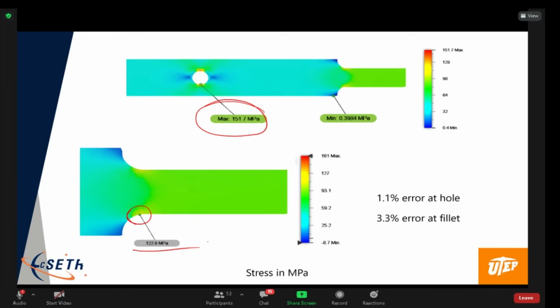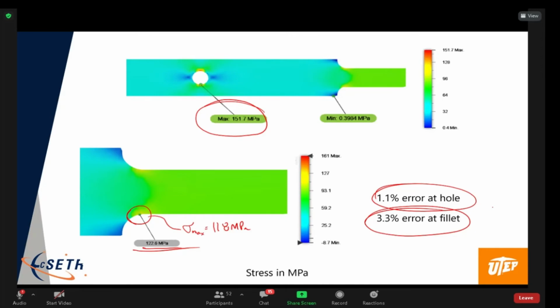So what I would have expected here from the hand calculation is a sigma max equal to 118 megapascals. So again, not too bad, right? I have about a 1% error at the hole and a 3% error at the fillet, okay?